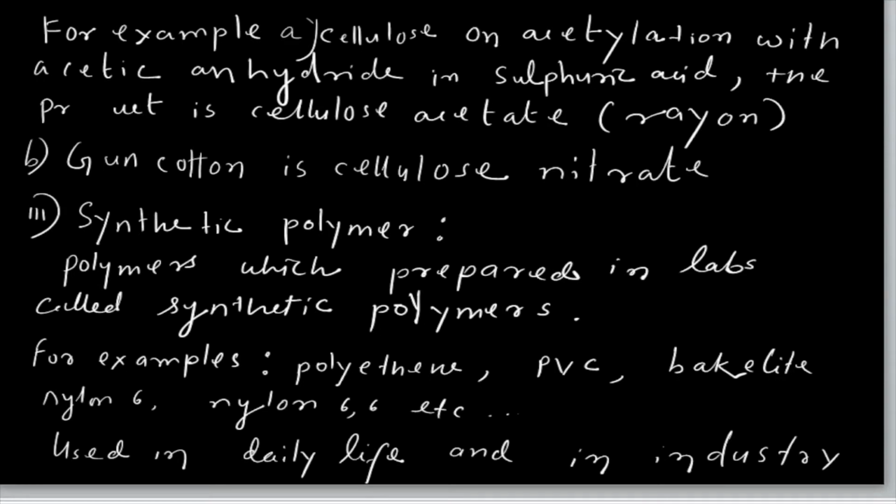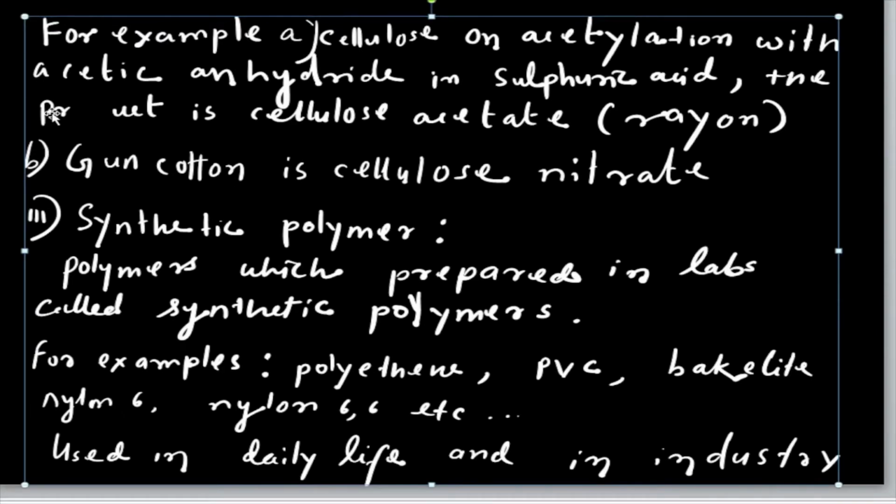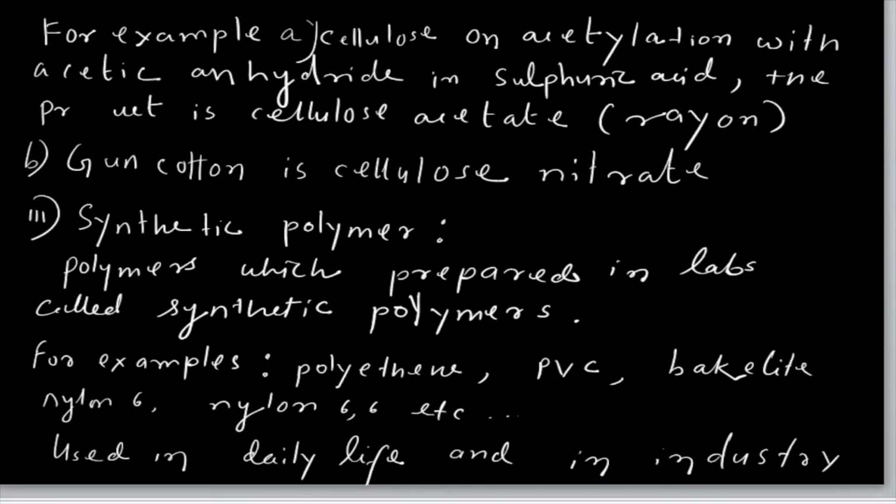So what is the monomer here? Here you take cellulose from plant and acetate from acetic acid, and sulfuric acid is also taken.